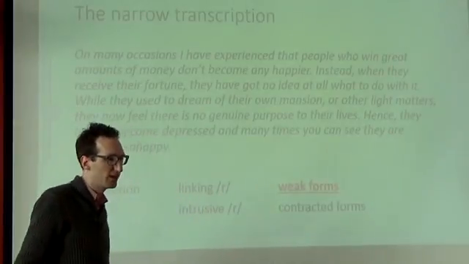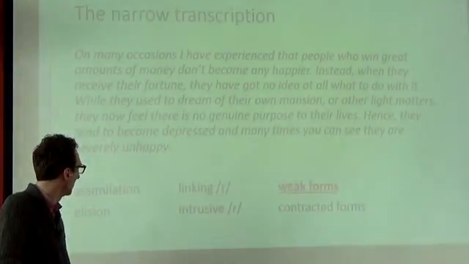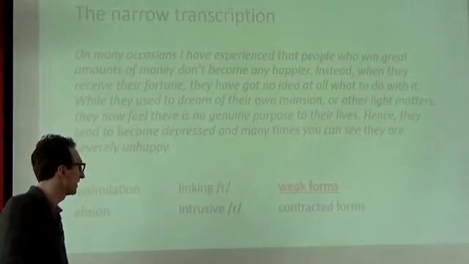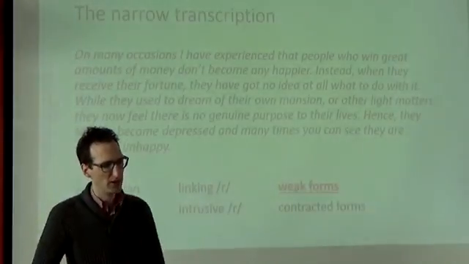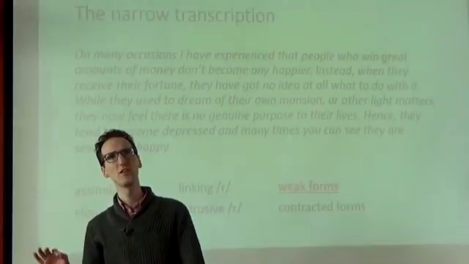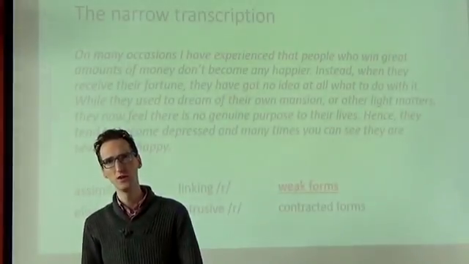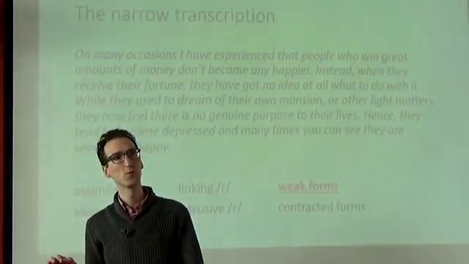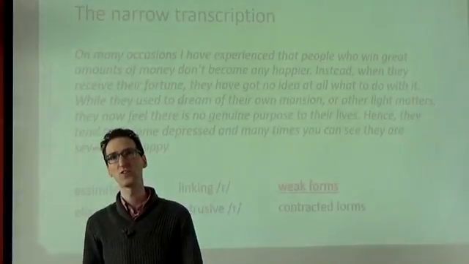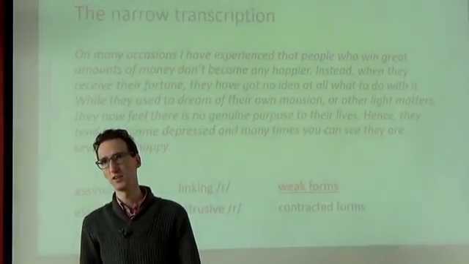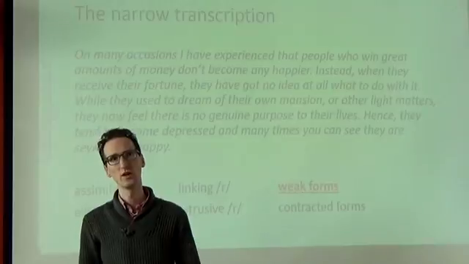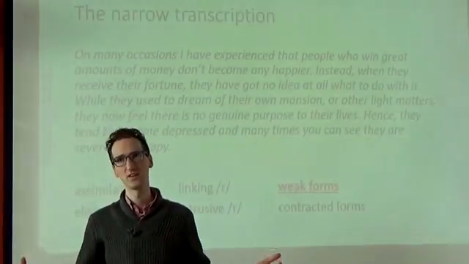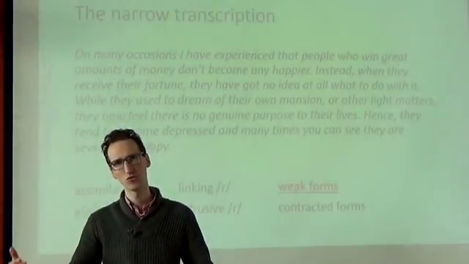Okay, what are you looking for here? Things like assimilation, elision, linking R, intrusive R, weak forms, and contracted forms. Now, why do we include this in the test? It's because what we're aiming for, one of our aims in Phonetics II, is for you to understand connected speech. What happens when you link words together? How do you sound natural?